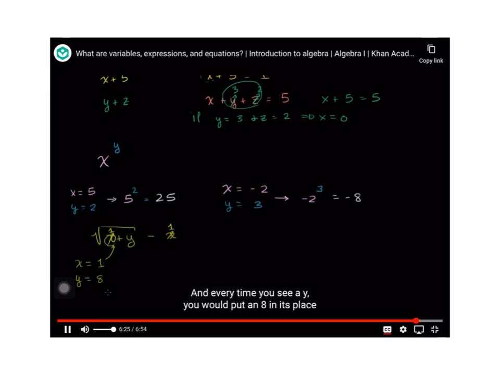And every time you see a y, you would put an 8 in its place. So under the radical sign, you would have a 1 plus 8. So you would have the principal root of 9, which is 3. In this context, when we set these variables to be these things, this whole thing would simplify to be 3. 1 plus 8 is 9. Principal root of that is 3. And then you'd have 3 minus 1, which is equal to 2.